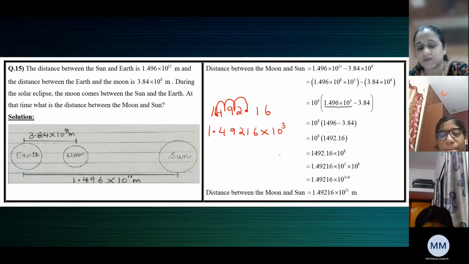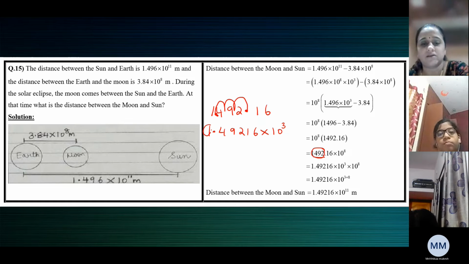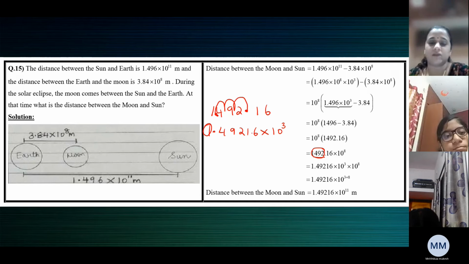Just see the whole number part: 1492 has become 1. Clearly, you've reduced the value of the number, so raise 10 to a positive power. If you increase the value of the number, raise 10 to a negative power.